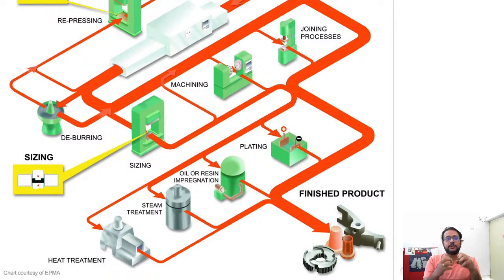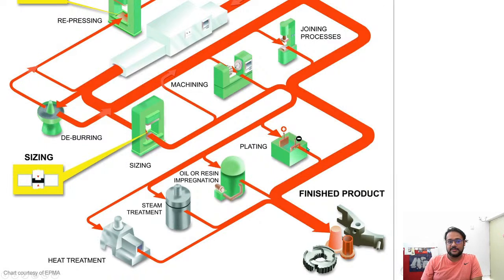So you could design it to have some gaps between these different particles of material, and then you can push resin into those gaps. And that probably makes the part much stronger. So that is possible, right? And you could do some steam treatment, and some heat treatment, and you would get the finished part. So this is the production line of the whole thing.